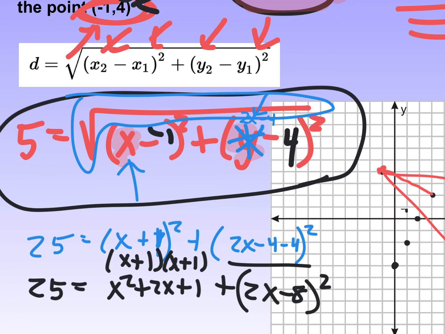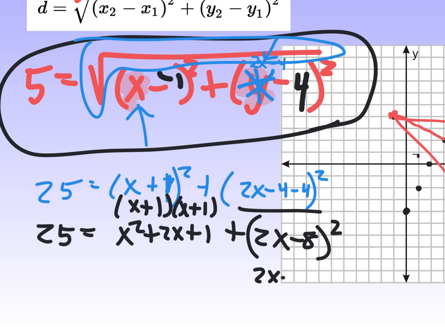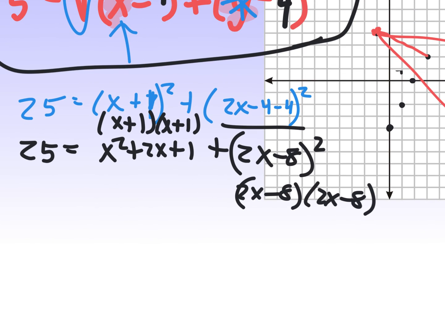So that's 2x minus 8 times 2x minus 8. So then that's 4x squared minus 16 is minus 32x. 8 times 8 is 64. And I'm bringing this all down.